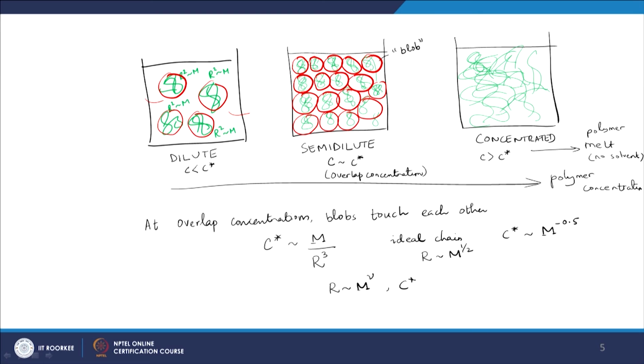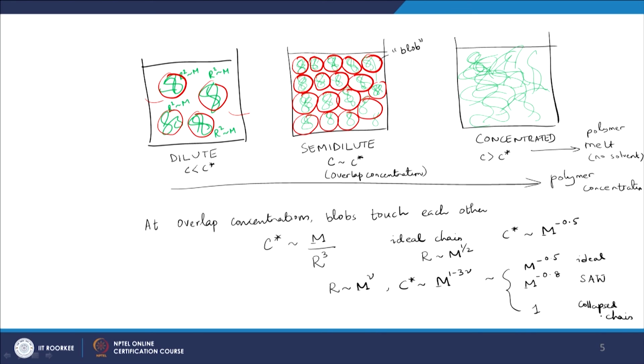So, C star is m to the power 1 minus 3 nu, which is m to the power minus 0.5 for the ideal chain, m to the power 1 minus 9 by 5, that is minus 0.8, for the self avoiding walk, and it is simply 1 for a collapsed chain.